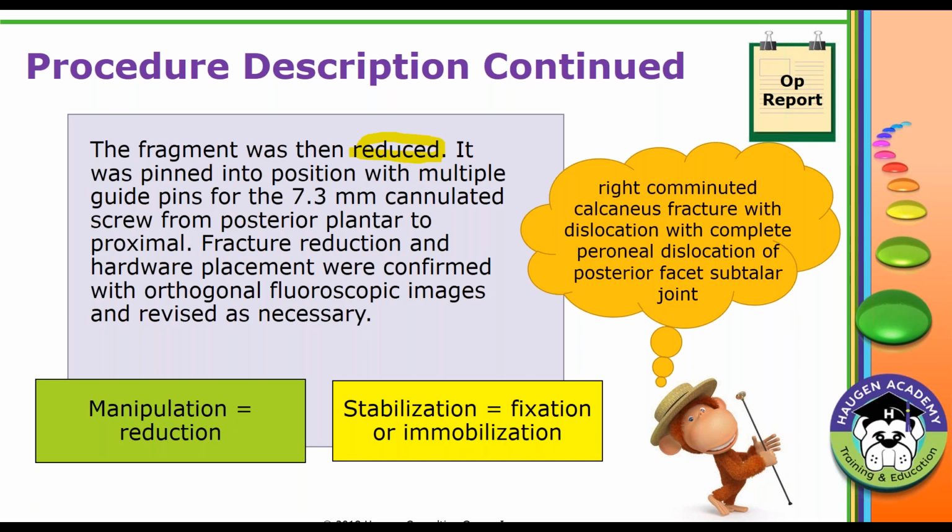So we'll talk about that more when we get to the coding. Another item of note is that they obtained fluoroscopic images. The NCCI manual states that unless specifically noted, fluoroscopy necessary to complete a procedure and obtain the necessary permanent radiographic record is going to be included in the major procedure. So we will not be reporting fluoroscopy separately in this case.